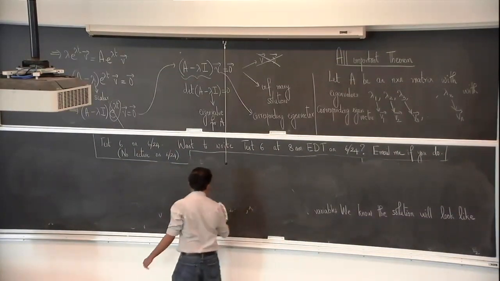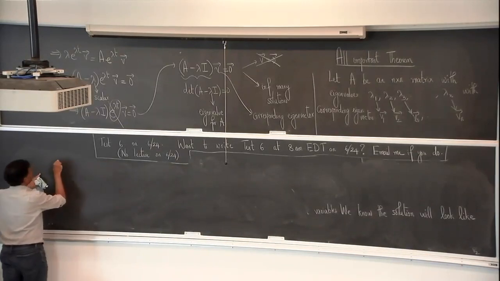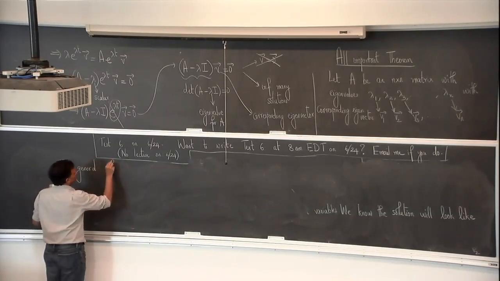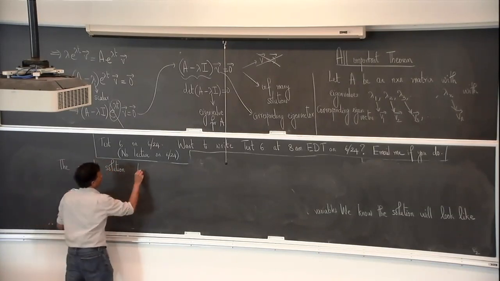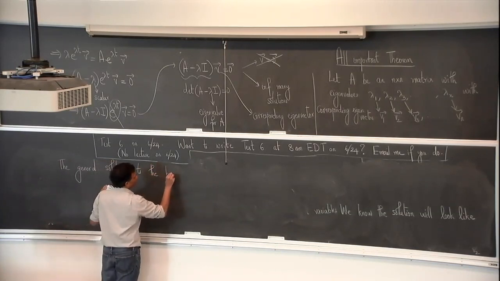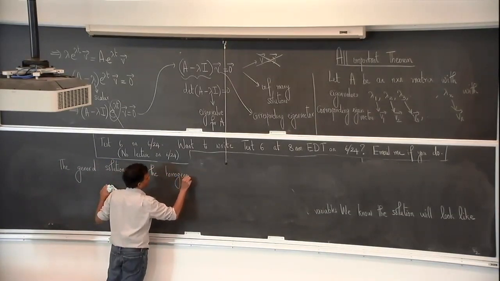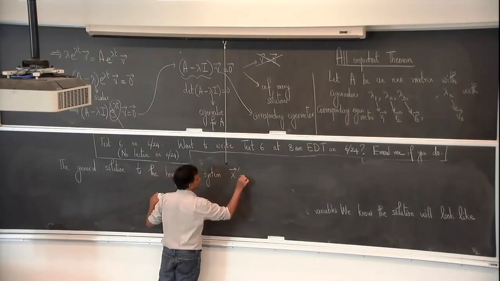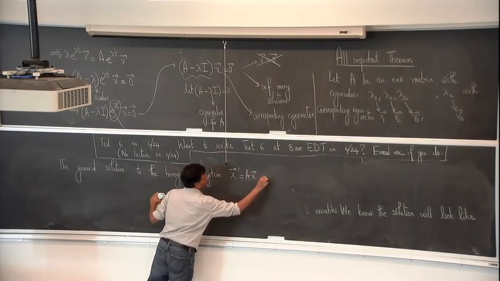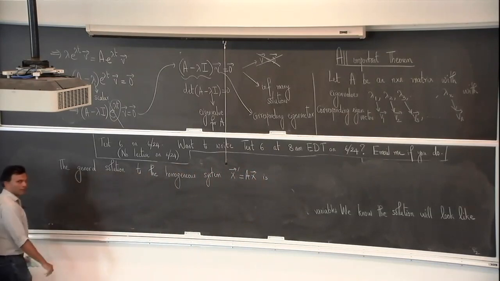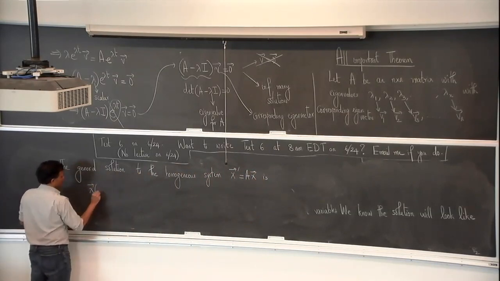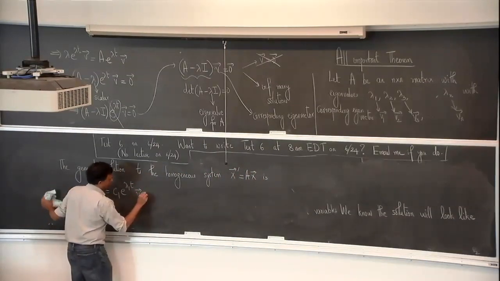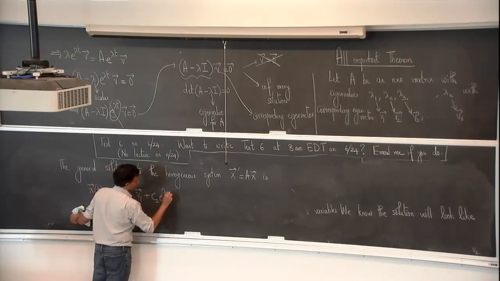Then the general solution for the homogeneous system x prime equal to Ax is given by, drum roll, x of t equal to c1 e to the power of lambda 1 t times v1 plus c2 e to the power of lambda 2 t times v2.